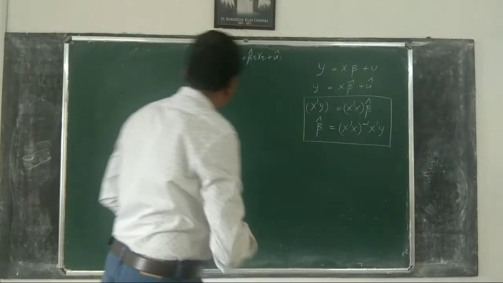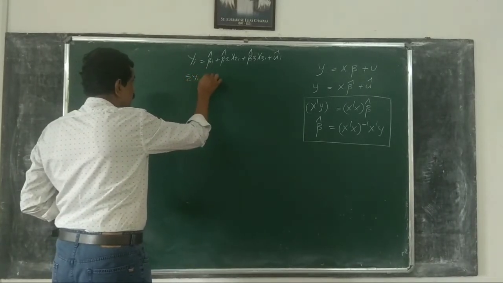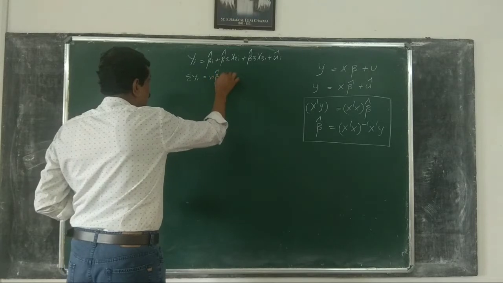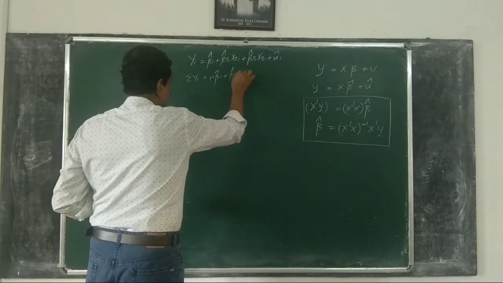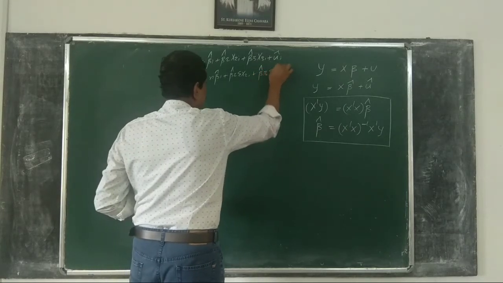And the normal equations are sigma Yi is equal to n into beta 1 hat plus beta 2 hat sigma X2i plus beta 3 hat sigma X3i.